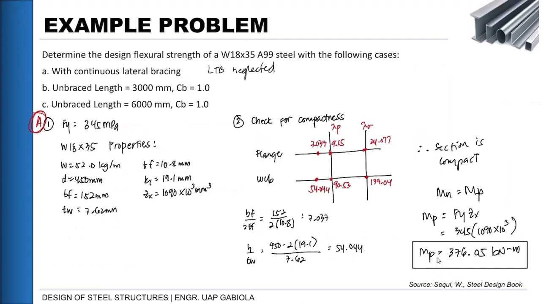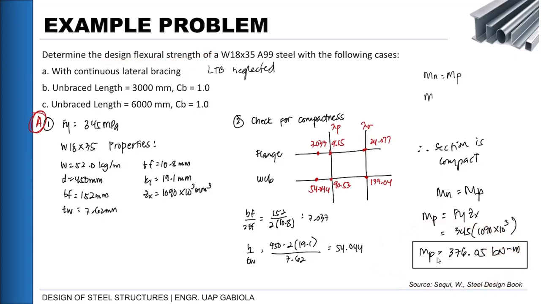Here, we calculated the Mp. But I just noticed that we are looking for the design flexural strength. So to end this letter A, we need to multiply our Mp. Mn is equal to Mp already.